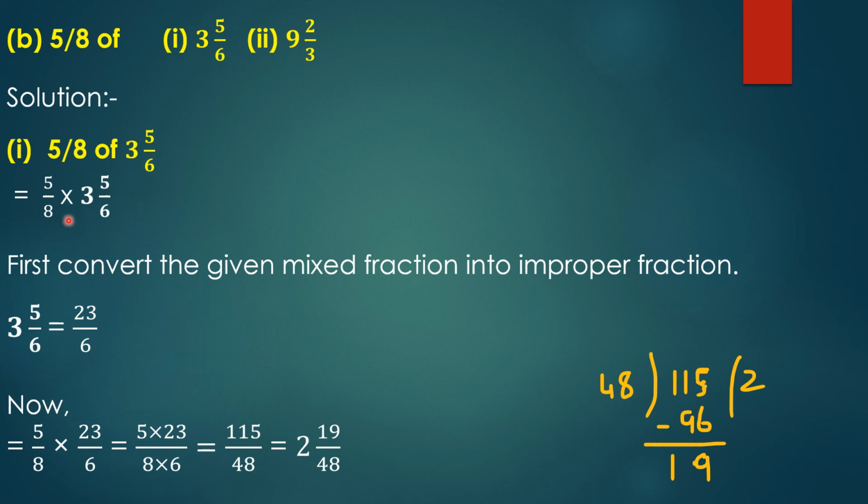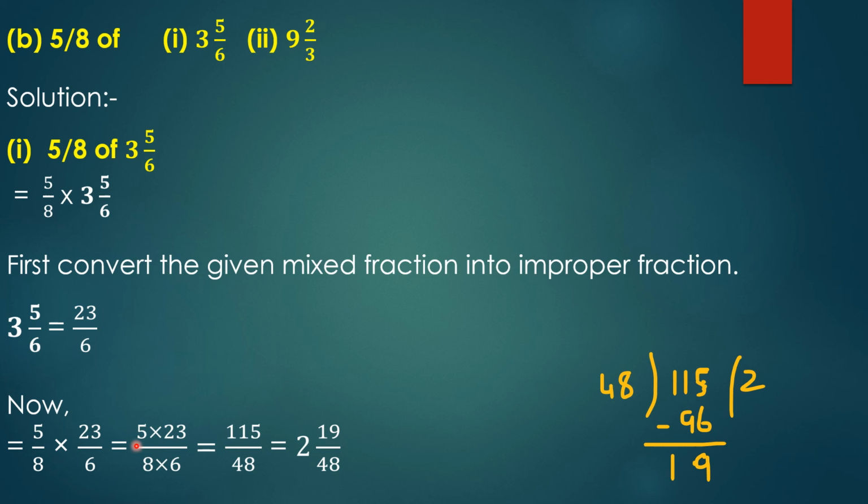Now 5 by 8 into 3, 5 by 6 is equal to 5 by 8 into 23 by 6. Now we have to do the multiplication of the fractions as per the rule. So to get the product of these two, we have to multiply the numerators and denominators separately.